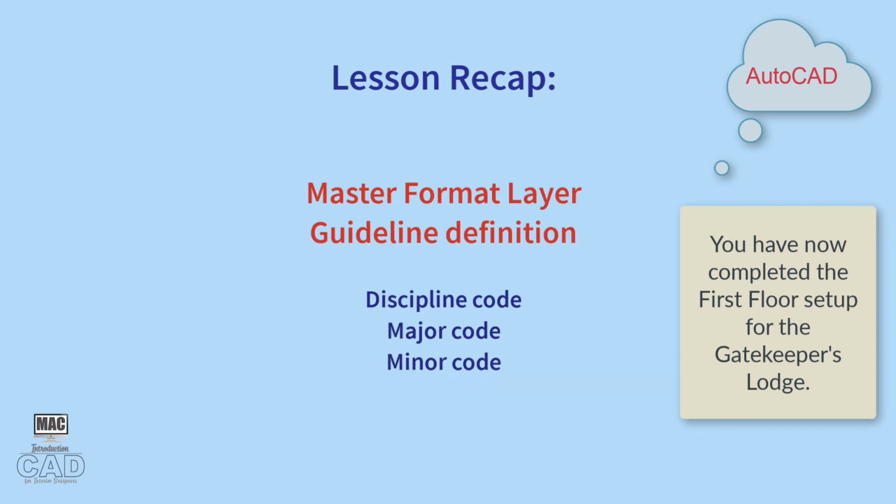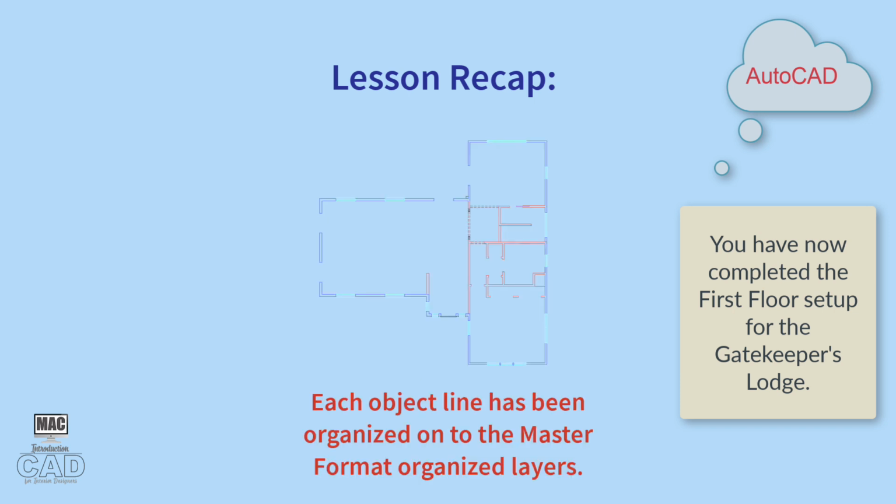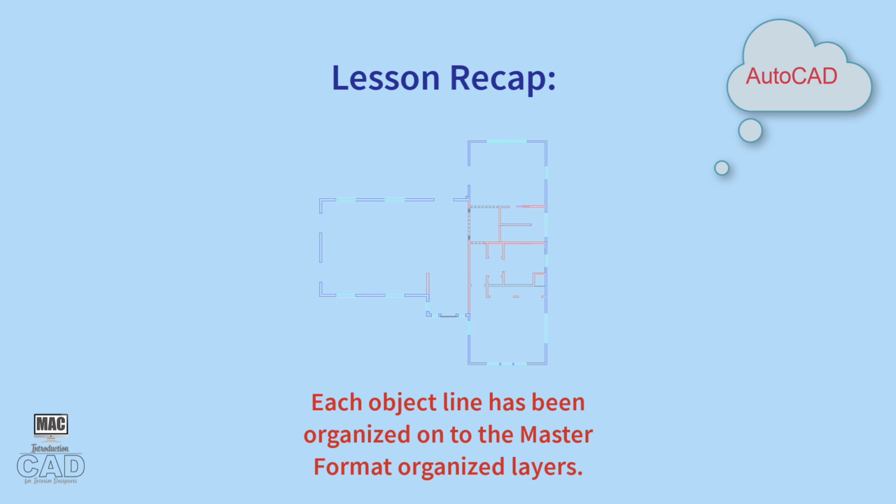Finally, the lesson demonstrated creating layers following the master layer format guidelines, utilizing discipline, major, and minor codes for organizing information by layer. Each of the objects in the DWG file have been organized onto the correct layer definition. You are ready to begin the drafting process of the design development of the Gatekeeper's Lodge for the first floor level.